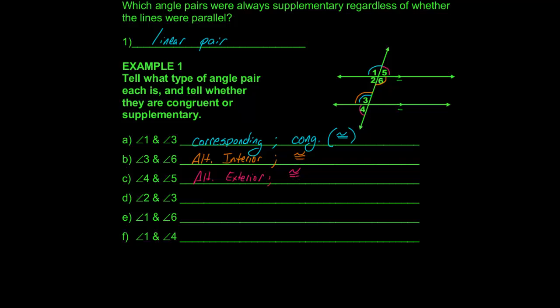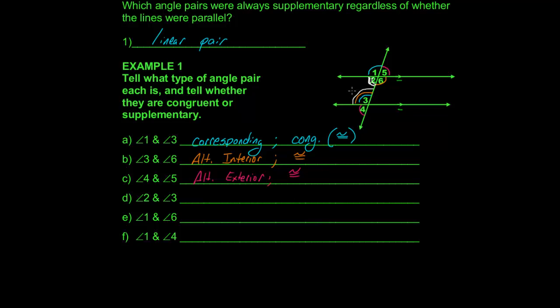Alright, 2 and 3. Let me grab another color for 2 and 3. We have 2 here. And we have a 3 here. Make this line a little bit easier to see. Alright, so now we're comparing 2 and 3. They're on the same side of our transversal, and they are on the interior of our other two lines, which are parallel.